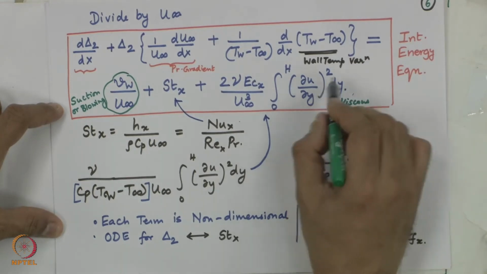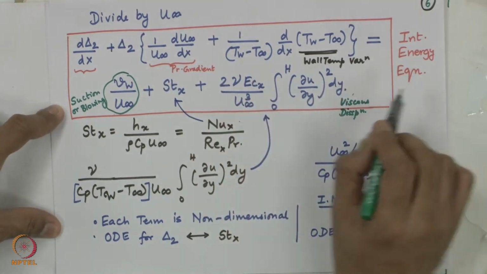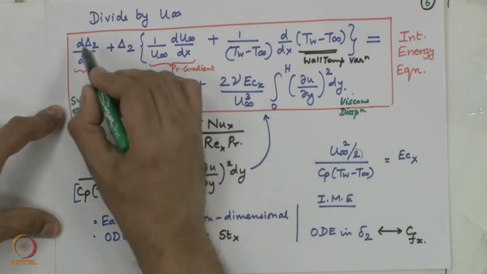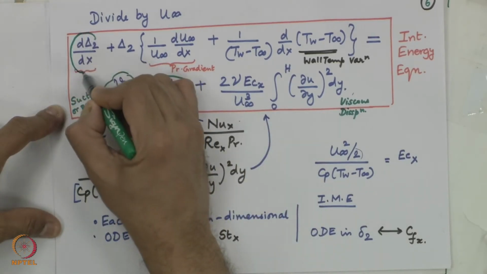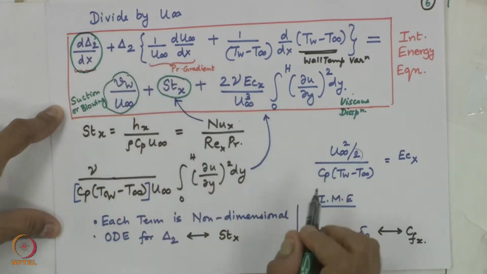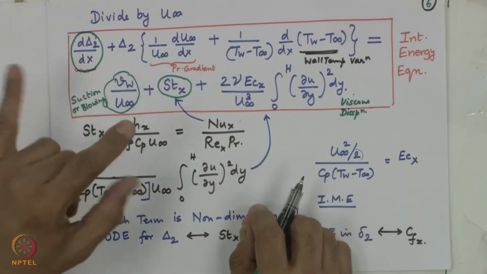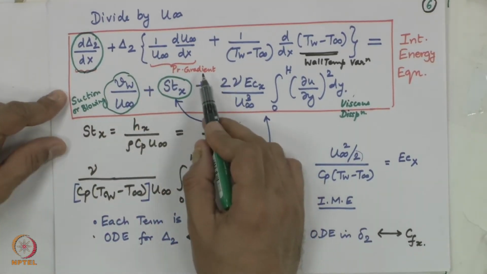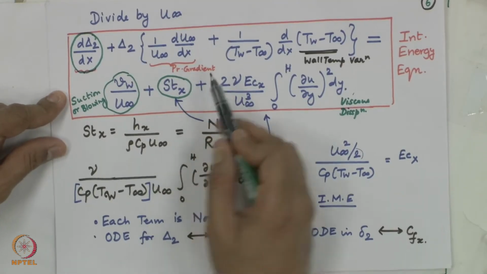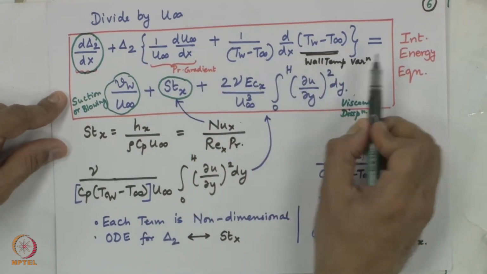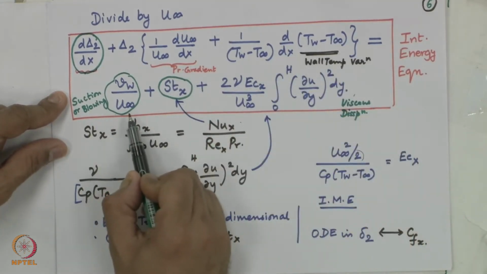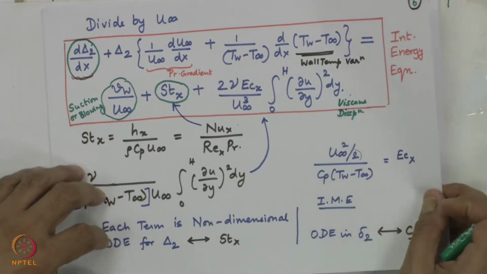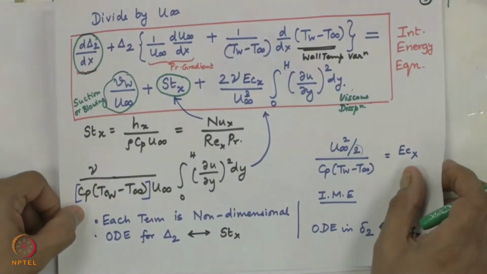So, this is a very general expression which relates the heat transfer coefficient, which is a Stanton number, to the rate of growth of the enthalpy thickness along the flow direction, for the most general case of varying free stream velocity or imposed pressure gradient, varying wall temperature with suction or blowing, and viscous dissipation. Now, to solve this is beyond the scope of an undergraduate class.